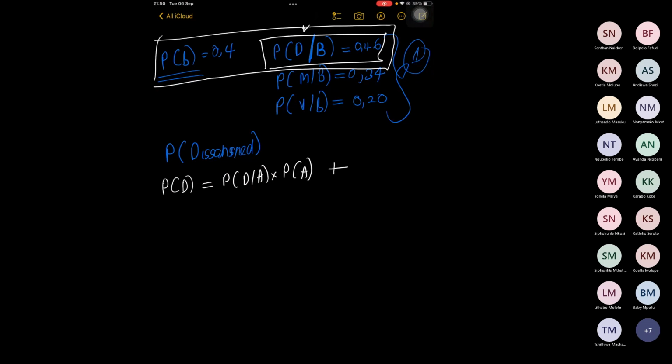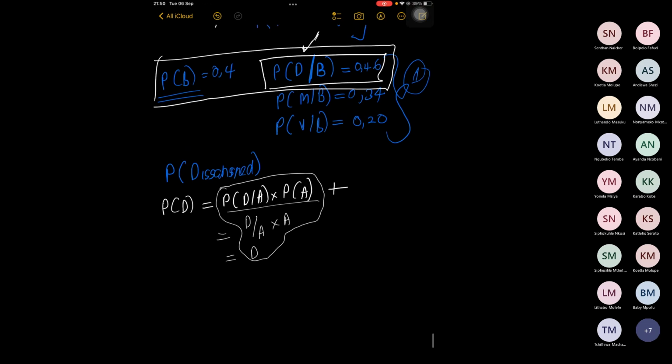So as I was saying, probability of D given A times probability of A is the same as D over A times A, which gives you D. This is one and the same thing, just for you to understand. In probability terms, that's not how it is, but I'm trying to simplify it so that you can understand.